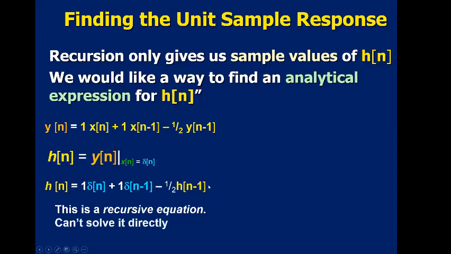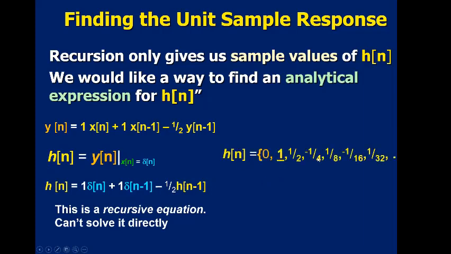I have a recursive equation that I can't solve directly. And I can convert this to describe h of n minus 1 and plug that in here, but then I have h of n in terms of h of n minus 2, and I can do that indefinitely, but never quite get a complete answer. So I can't do with this what I did with the FIR systems.